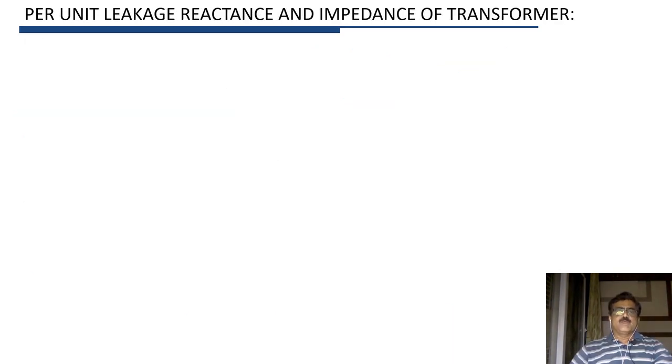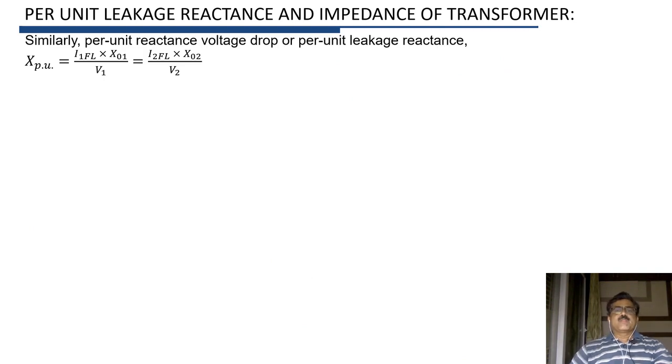Let us now see what is per unit leakage reactance and per unit impedance of transformer. The per unit leakage reactance is the voltage drop because of leakage reactance, that is I1 full load into X01, divided by V1, so that it is expressed as a percentage of rated voltage.